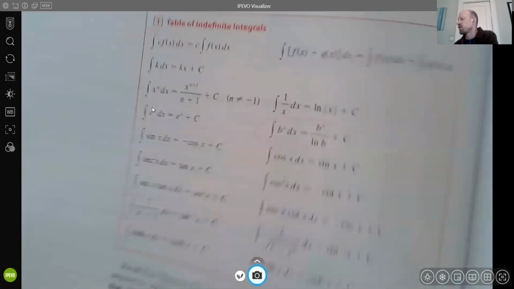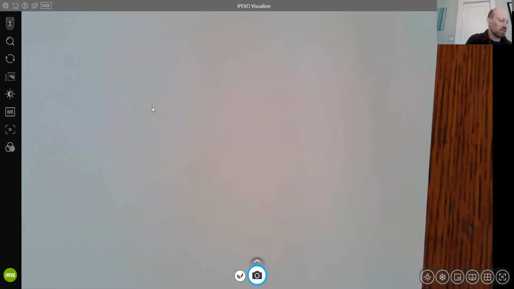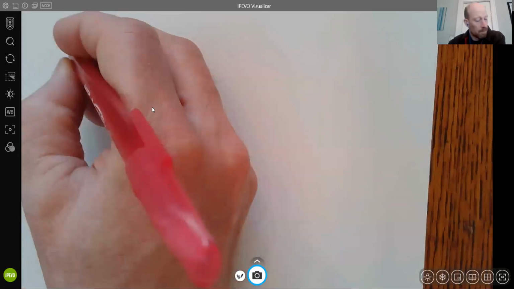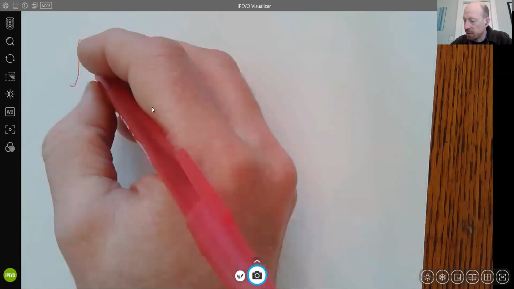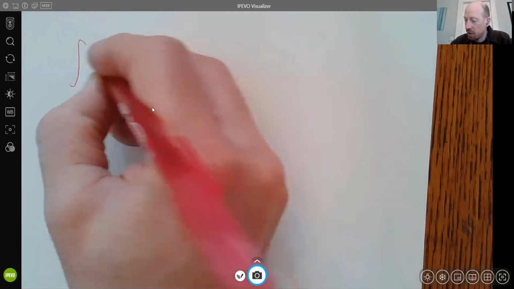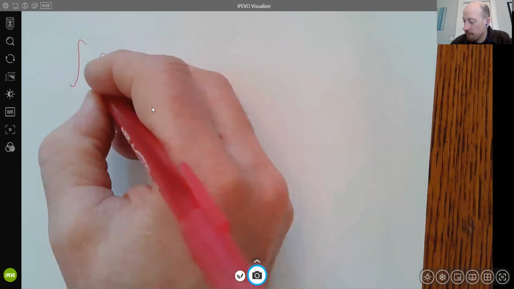Let's look at an example of an indefinite integral, and some strategies of how we can attack those. I do like this one: the integral of cosine of theta over sine squared of theta.